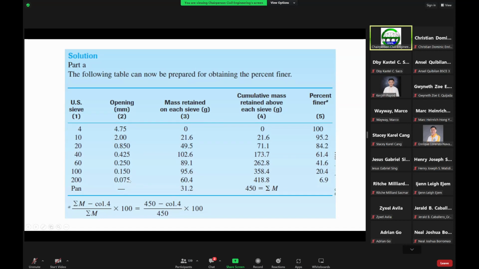Then on the fourth column, we get the cumulative mass retained above each sieve. You simply add these values. From 0 to 21.6, that's this value. 21.6 plus this value is 71.1, and so on. Then you get the total here, that's about 450.